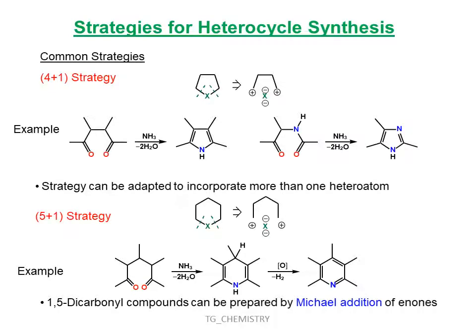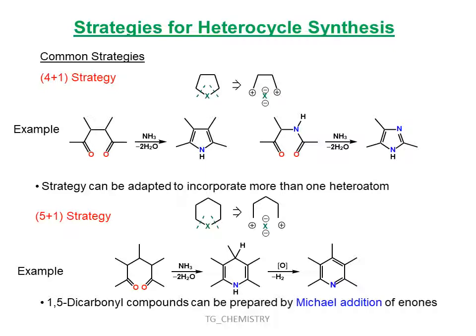Four synthetic strategies will be involved for the synthesis of aromatic heterocycles. Among them, the 4 plus 1 strategy and 3 plus 2 strategy will be used for the synthesis of 5-membered aromatic heterocycles, and the 5 plus 1 strategy and 3 plus 3 strategy will be used for the synthesis of 6-membered aromatic heterocycles.